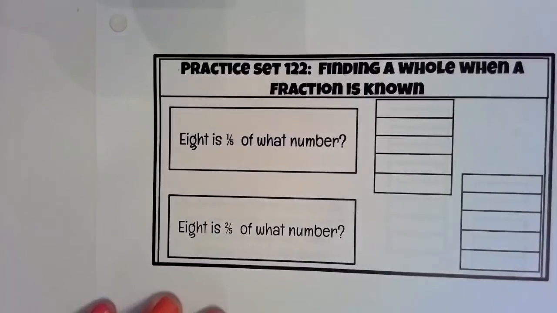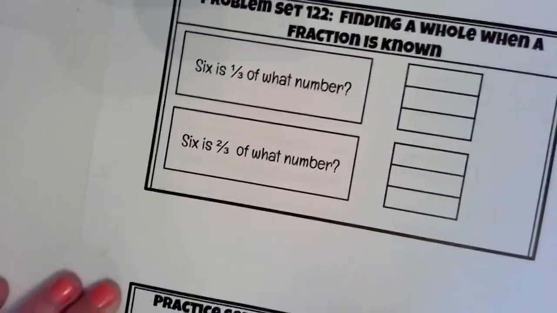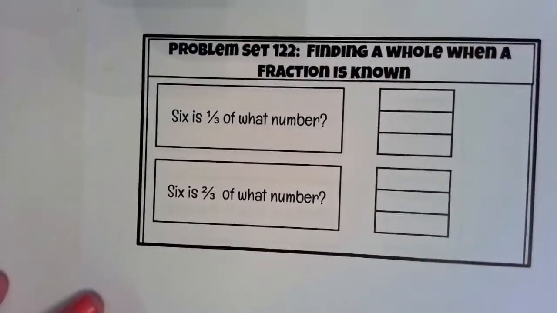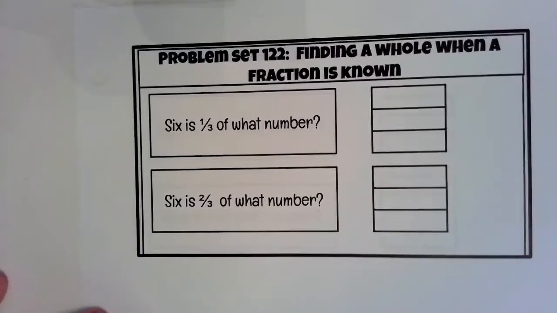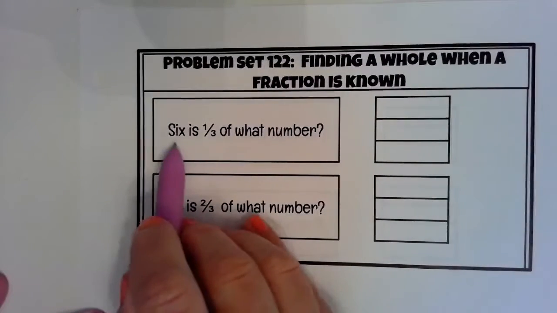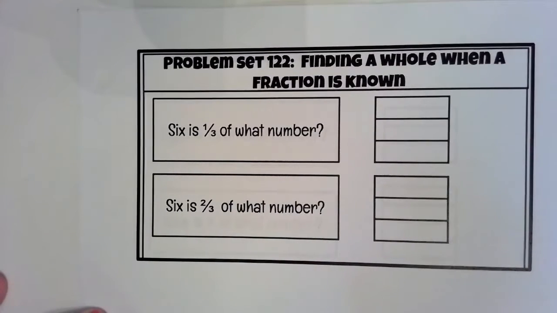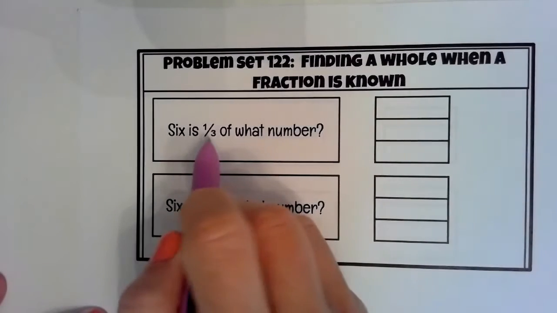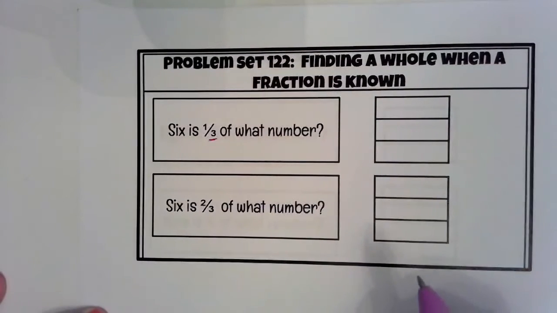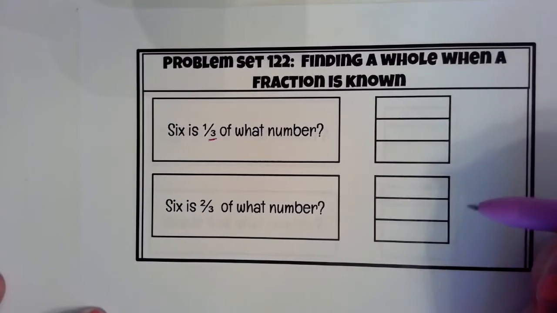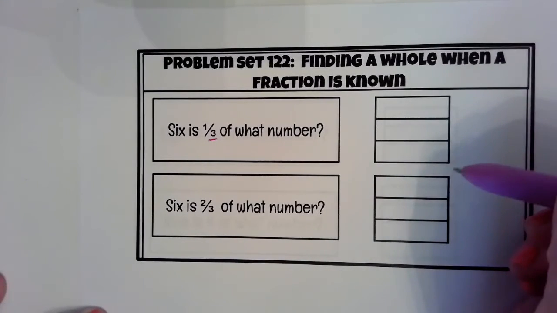Let's do another one. You might see a problem that's not a word problem, but just an equation, where it says 6 is 1/3 of what number? Well, the first thing we need to do is look at this fraction. We know that it's 3 parts, so we can come over here and make a table with 3 boxes.